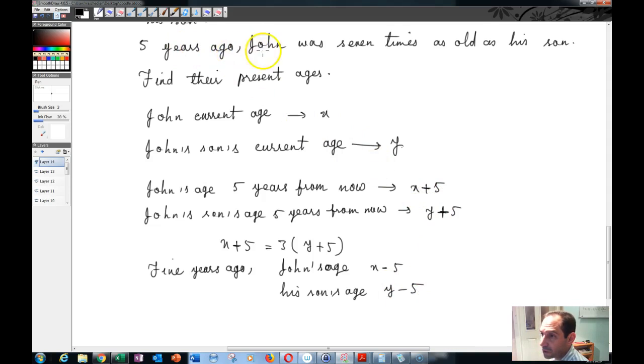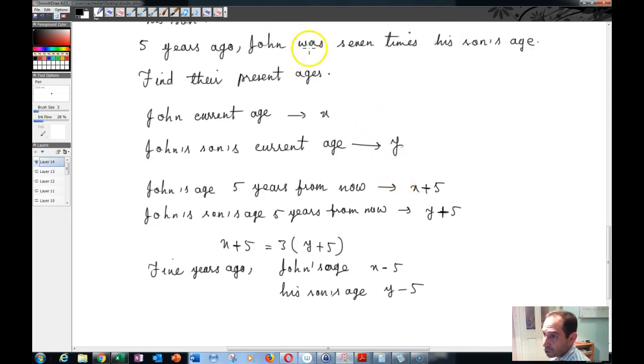And then 5 years ago, John's age was 7 times, I've written this wrong, 7 times his son's age. Okay.